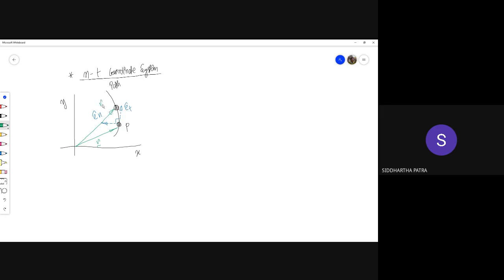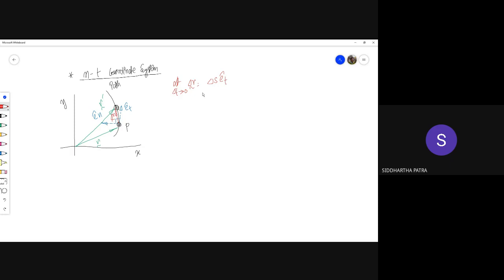So this one is r prime, and the difference between r prime and r is this delta r right here. So as we discussed earlier, in the limit delta t tends to 0, delta r is basically delta s times et.